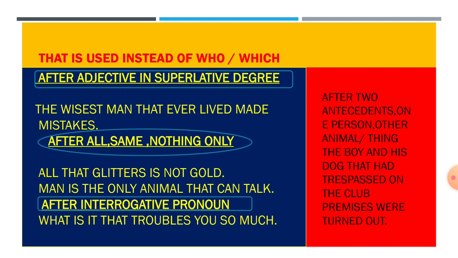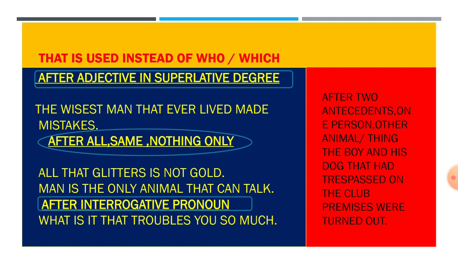Example, all that glitters is not gold. So all is a word, after that we use that. So all that glitters is not gold. We will not be using all which glitters is not gold or all who glitters is not gold. We will use all that glitters is not gold.